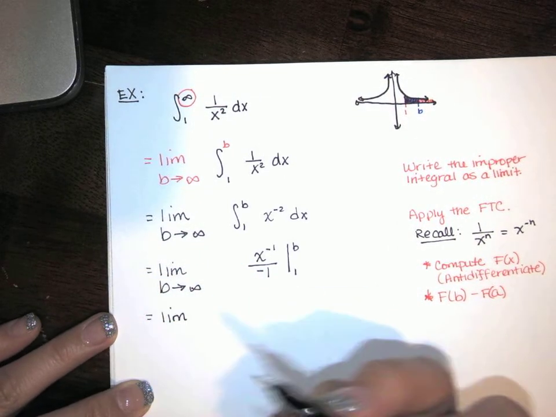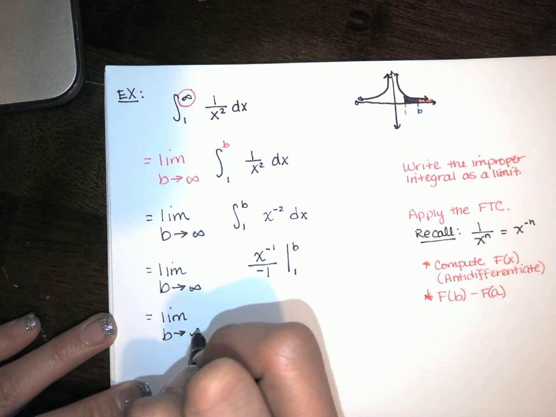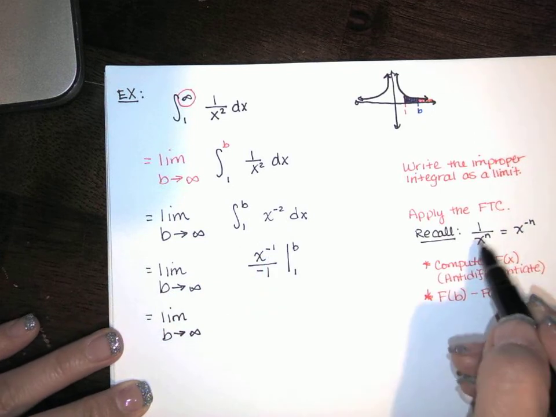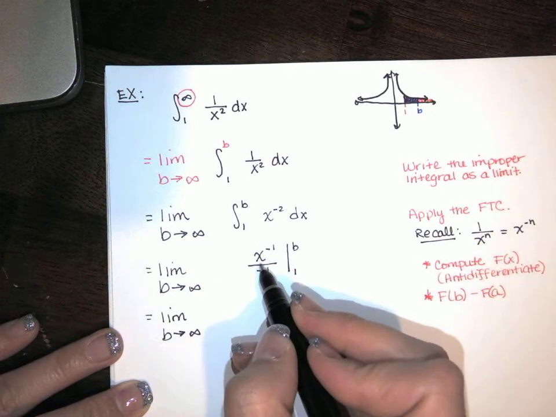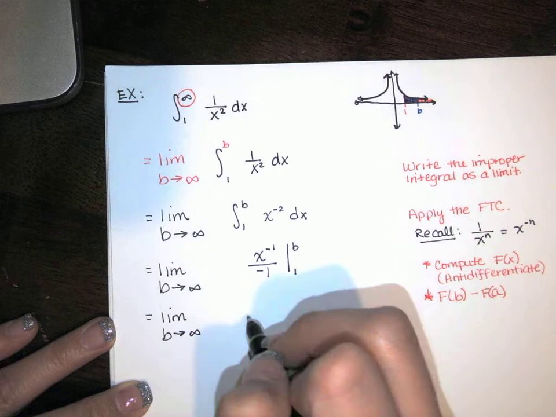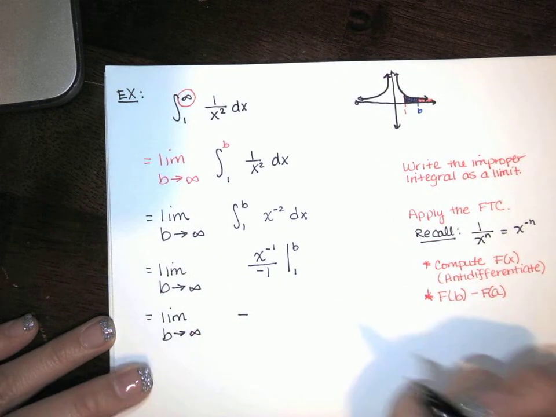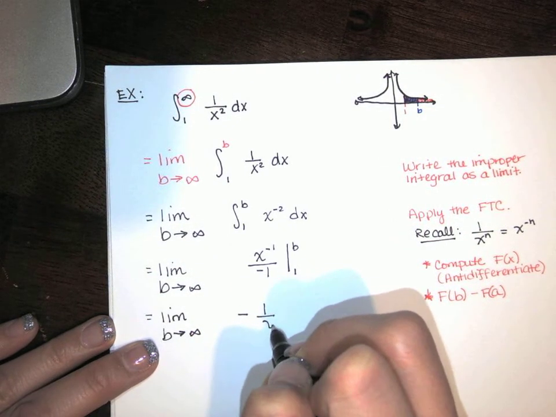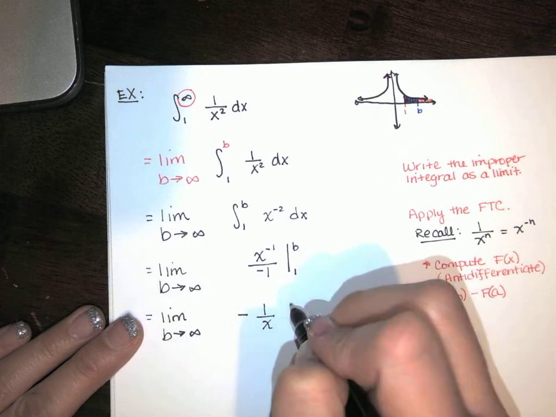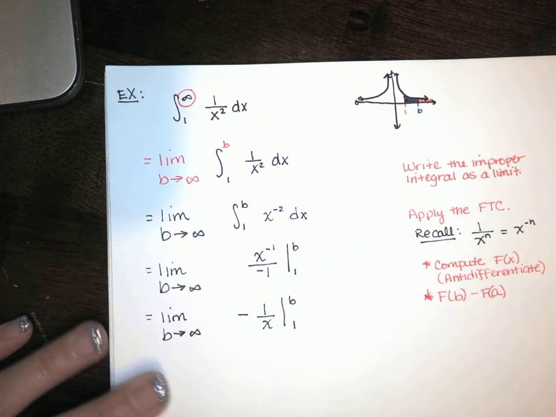I still don't think in terms of negative exponents, so I'm going to go ahead and use this rule to rewrite it again. That x to the negative 1 is going to give me an x in the denominator. That negative 1 in the denominator can be pulled out front. So this is really negative 1 over x. And I'm going to substitute in b and 1 and subtract.